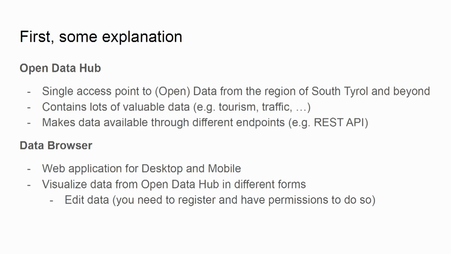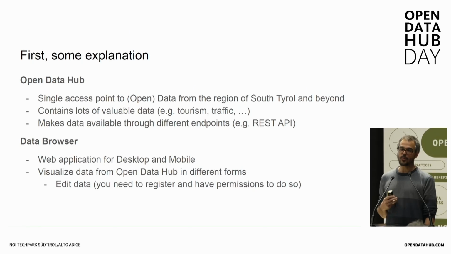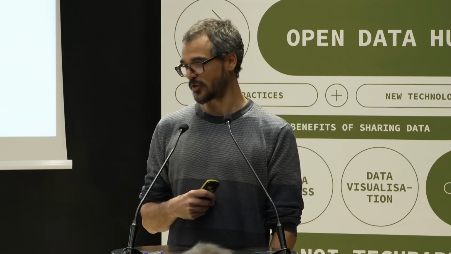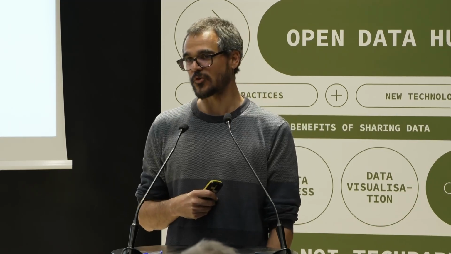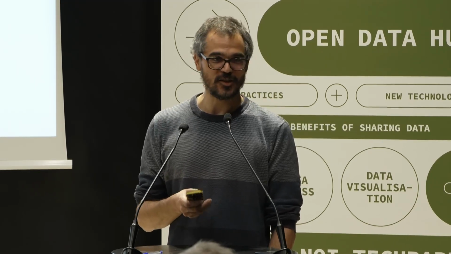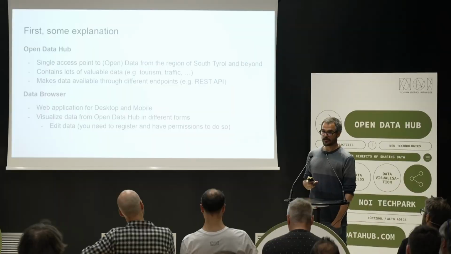How can we visualize the data from the Open Data Hub in a way that is useful for you and for your clients, customers, and for the people overall? It's also possible to edit data in the Open Data Hub using the data browser, but you need to be registered and you need to have the permission to do so. So not everybody can change the data like they want.